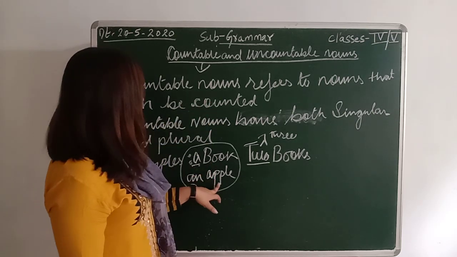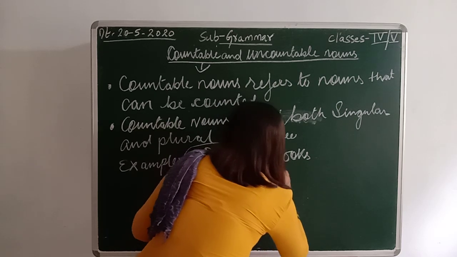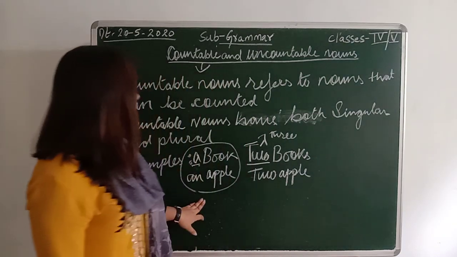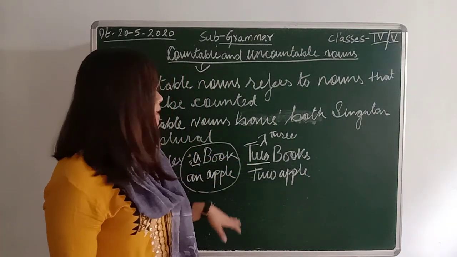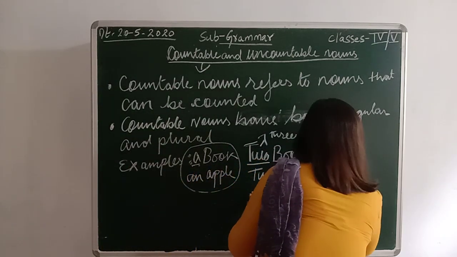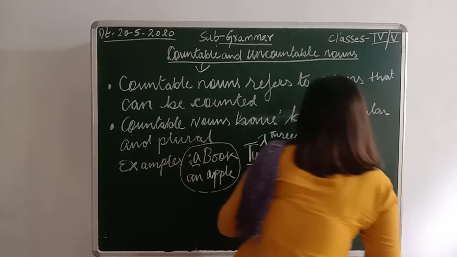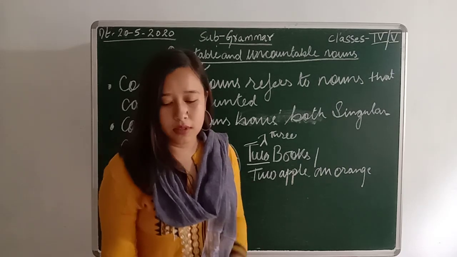A book, an apple, 2 apples. So we can count these things: a book, an apple, and such as an orange. We can count these things. So these are countable nouns.